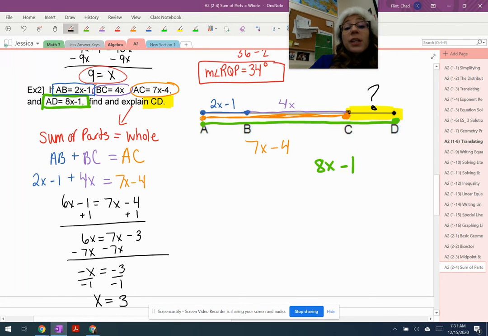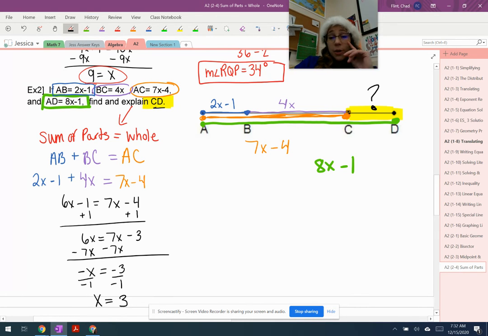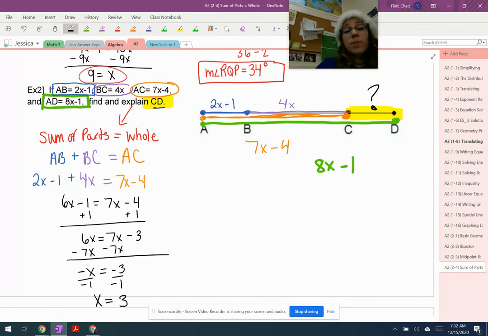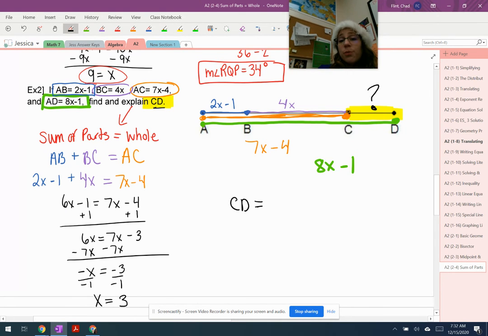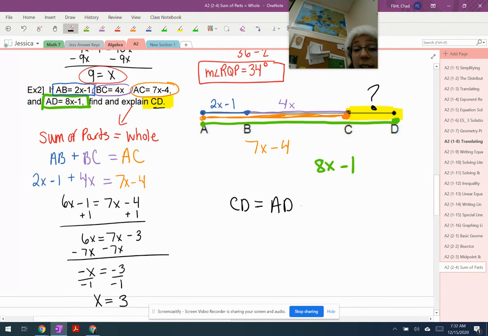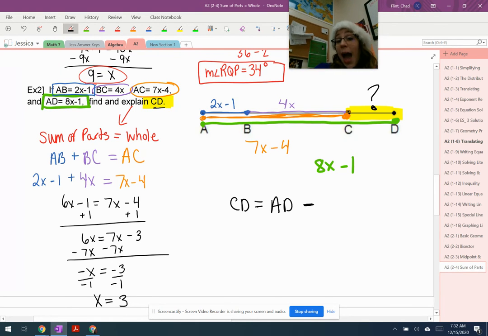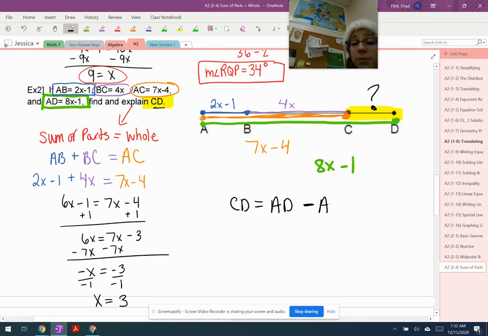Okay, so again, though, we have not finished answering the question. They wanted to know that CD length. So how could I find the length of CD if I don't have an expression for it? Well, CD would be equal to what I get if I take AD and subtract AC from it.